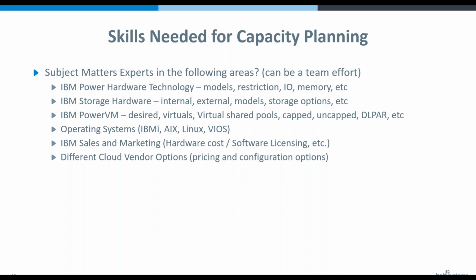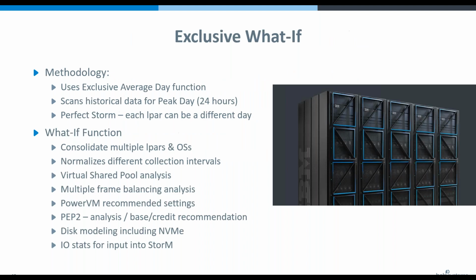You can't do that, right? I mean, that's not an option. Or you want to run it on an SAP server or AIX. You have to understand what the restrictions are on those. And then, of course, cost and software licensing. As we talk about PEP2, there's definitely things that come into play there, and pricing and configuration related to what does it look like when we go to the cloud?